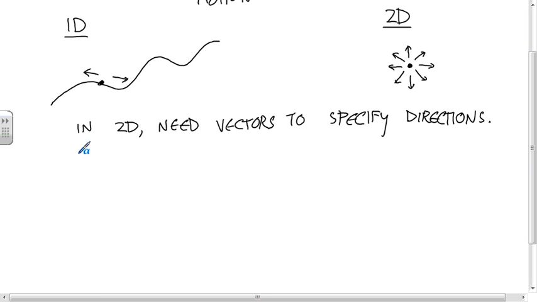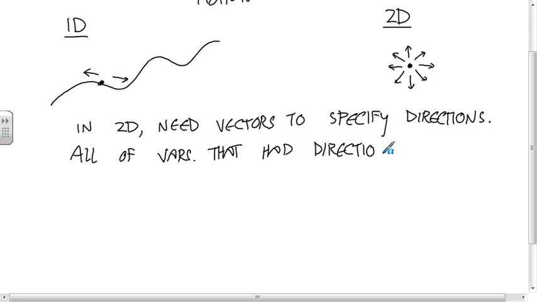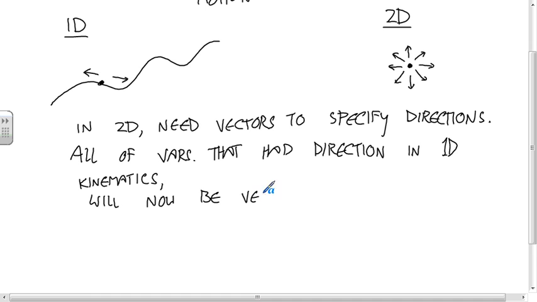And we'll see that all of the variables that had direction in one-dimensional kinematics will now be vectors.